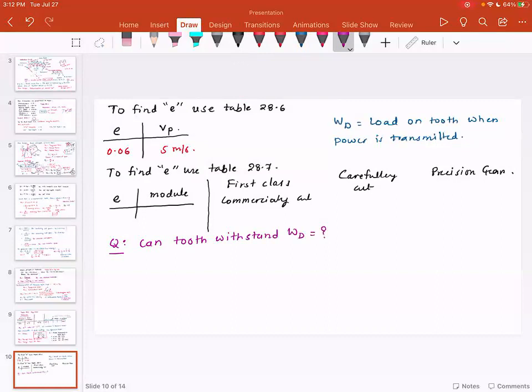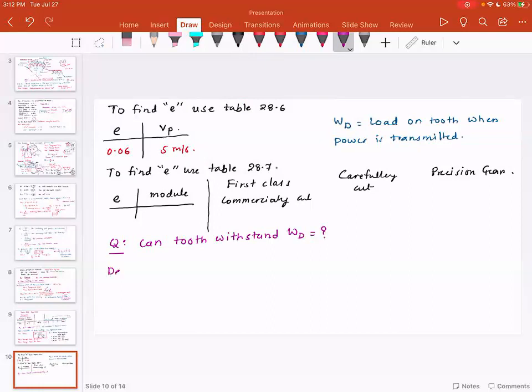So when WD acts upon the tooth, can the tooth support this load, or would it simply fail? And for that, we want to find out the permissible static tooth load.